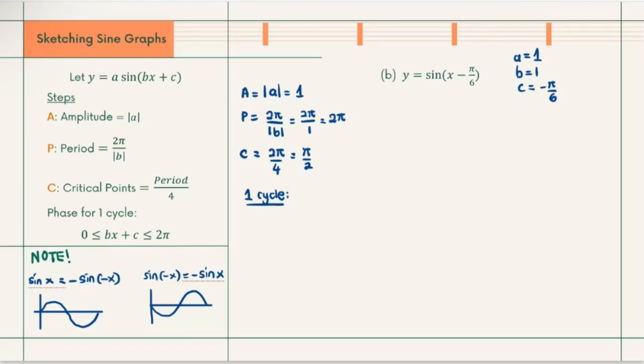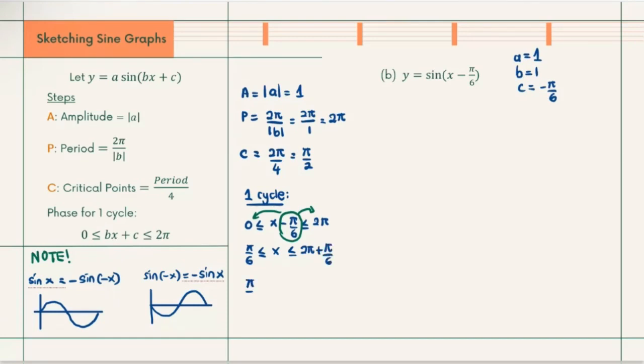Okay, next saya cari dia punya one cycle. So untuk one cycle asalnya adalah 0 in between x minus pi over 6 less than or equals to 2 pi. Okay, ni yang original kita kan. So now kita rearrange, pindahkan negative pi over 6 on both sides. Okay, so I get pi over 6 less than or equals to x and less than or equals to 2 pi plus pi over 6.